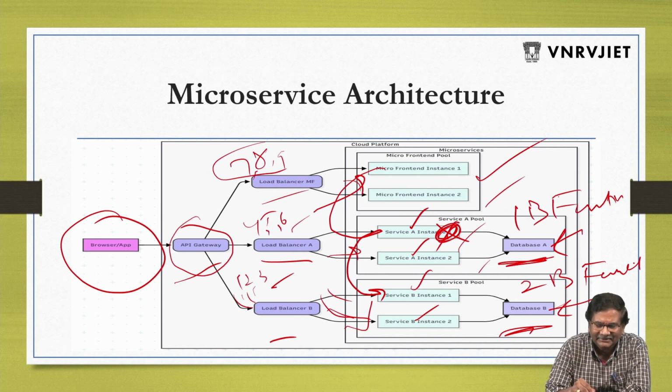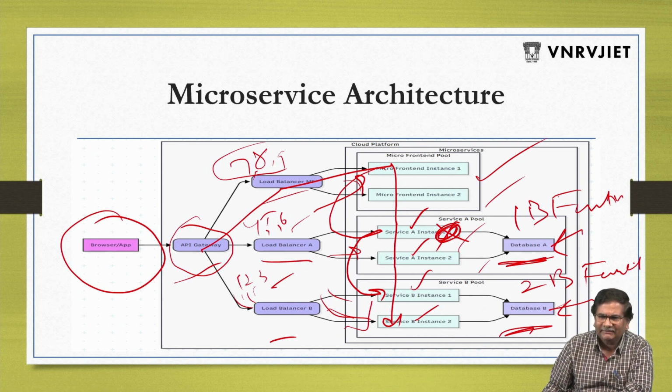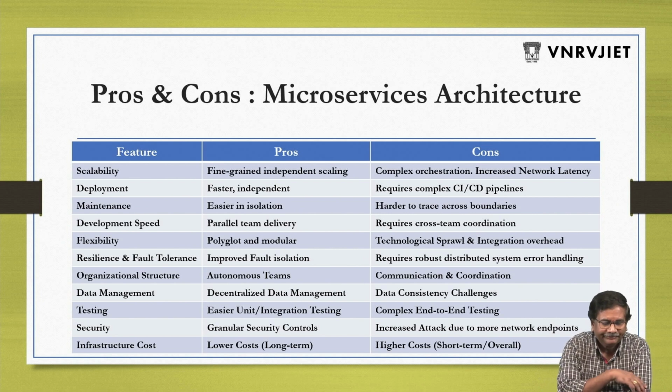Because this communication is not direct communication, but loosely coupled communication through web methods or REST APIs, it is difficult. You have to trace from here to here to here, right? So you need to figure things out in a harder way. Tracing to identify where exactly the problem is is difficult, because you have to cut across multiple things which are all independent. That is what it is talking about in maintenance.